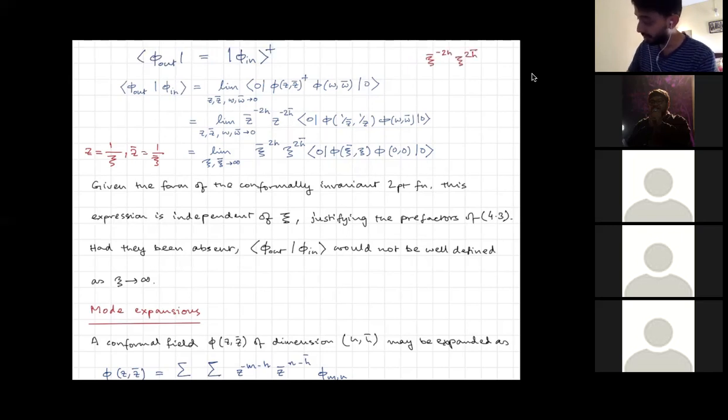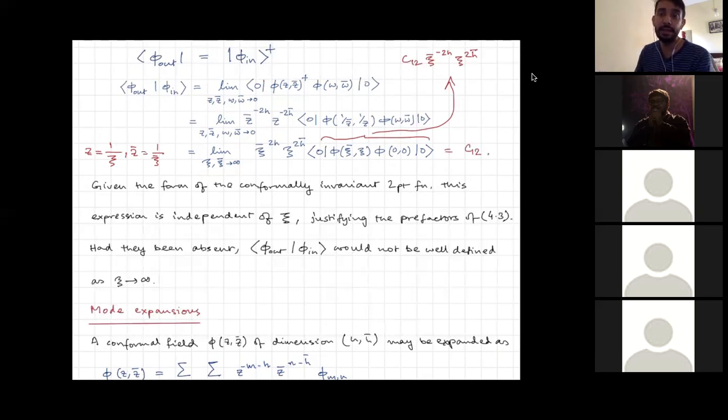And there is some C12 which multiplies this. So when you take this limit of xi and xi bar going out to infinity, all you are left with is C12, right?